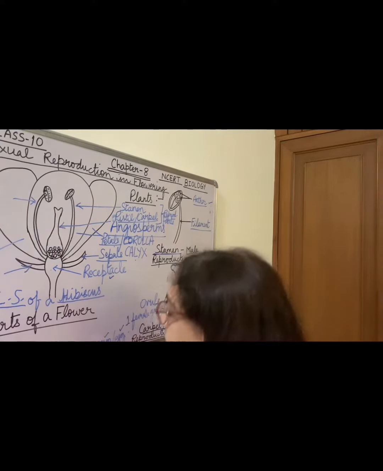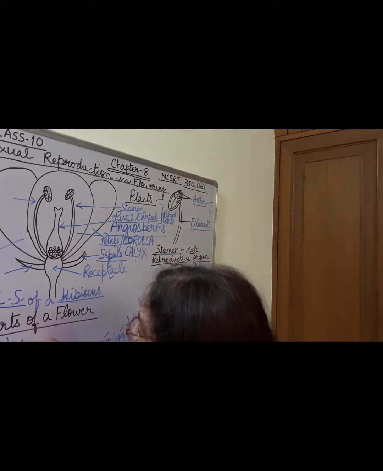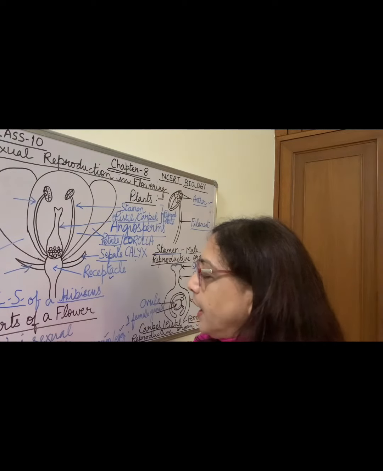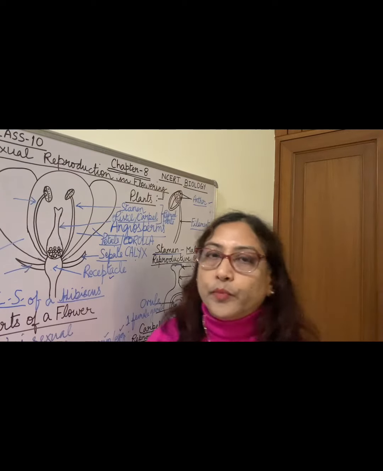You got the spellings? Unisexual, U-N-I, unisexual, or bisexual. Uni means one and bi means two.